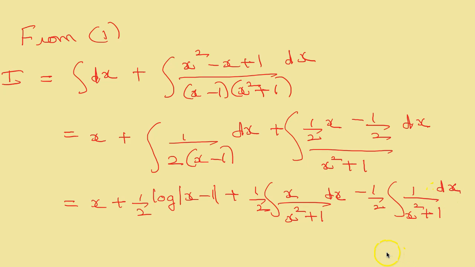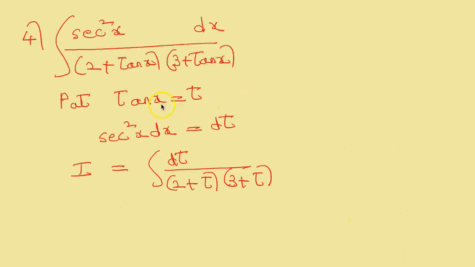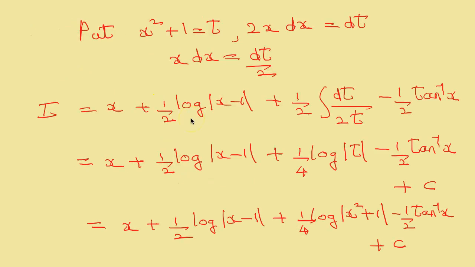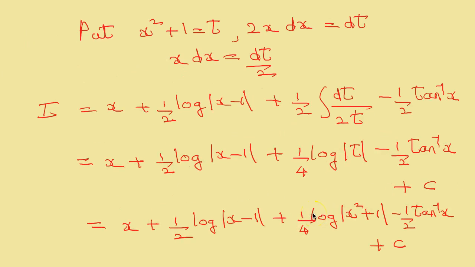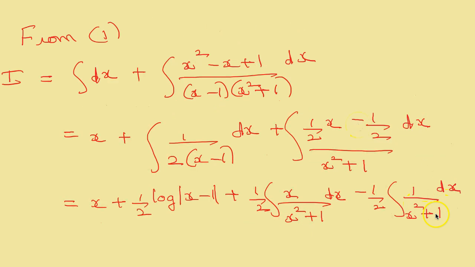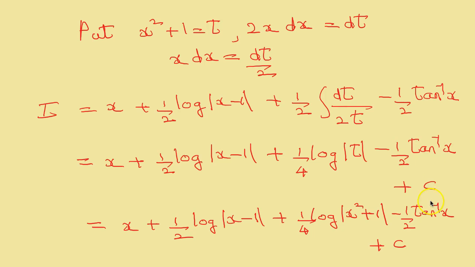dx. That is, to integrate this, we make a substitution, put x squared plus 1 as t. So 2x dx is dt, or x dx is dt by 2. So your I becomes x plus half log mod x minus 1 plus half integral dt by 2t. Integral of 1 by x squared plus 1 is tan inverse x, so it is minus half tan inverse x.